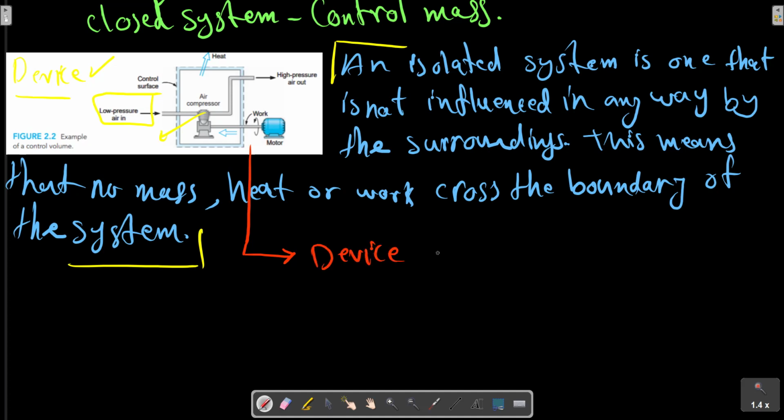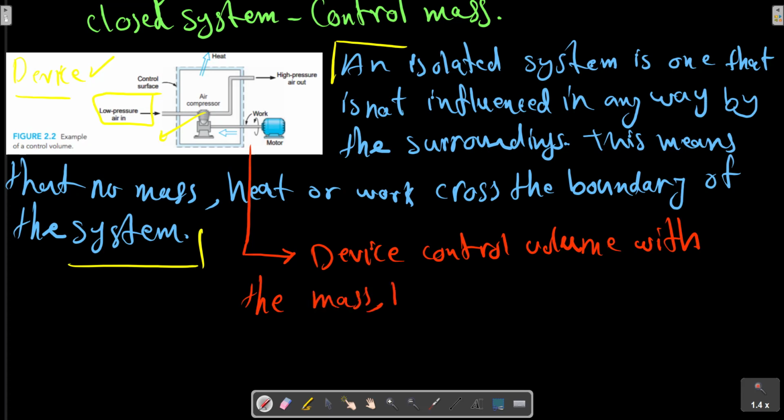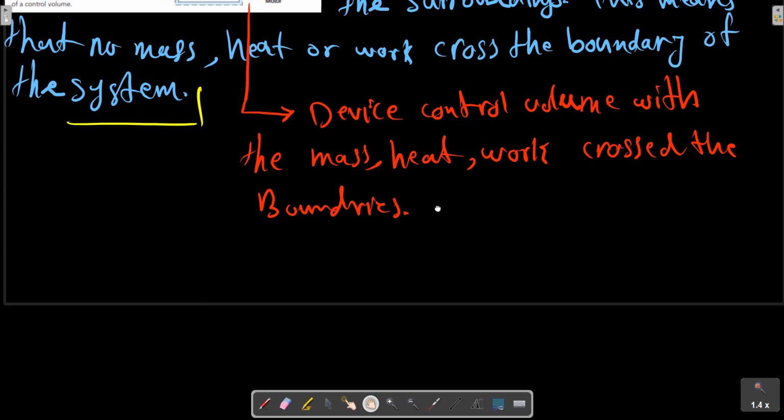The device control volume has mass, heat and work crossing the boundaries. This is an example of a device control volume.